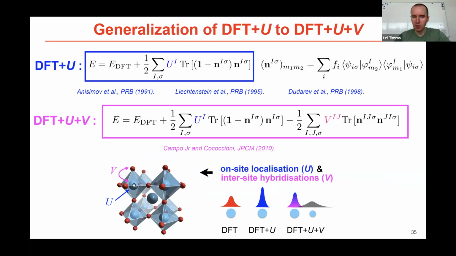But if you have covalent bonding, which means there are a lot of interactions between, let's say, the central atom and ligands, so they hybridize and overlap, then you need plus V. From our experience, you need plus V when you deal with covalently bonded materials. And all properties improve, like voltages in batteries improve, phonons can improve. You will learn about phonons in the next days, I think, and so on.